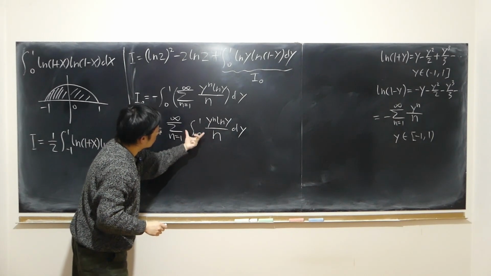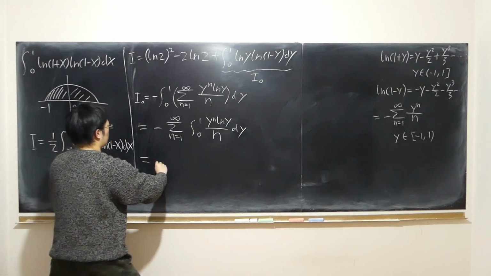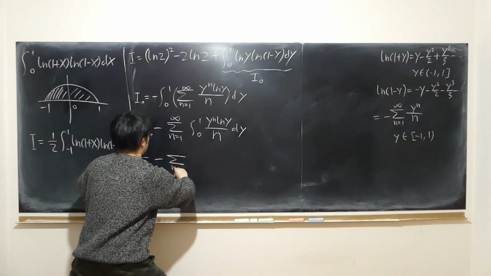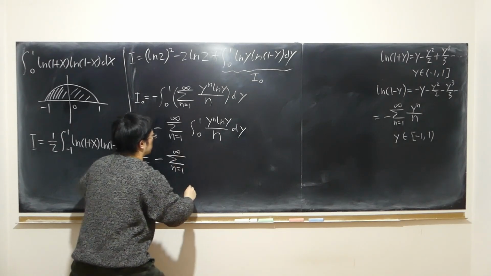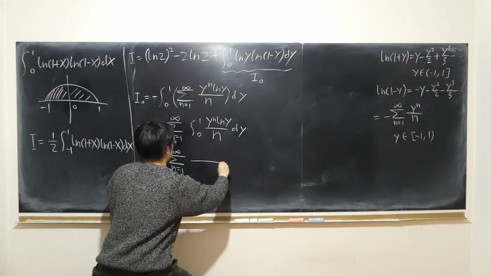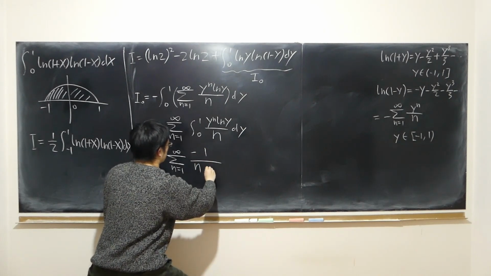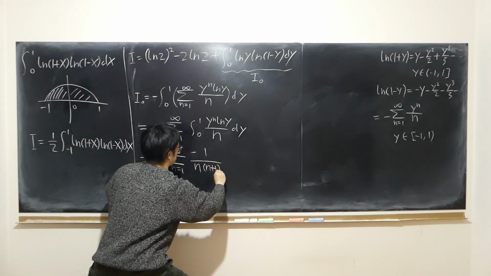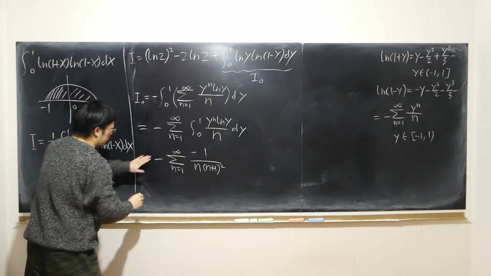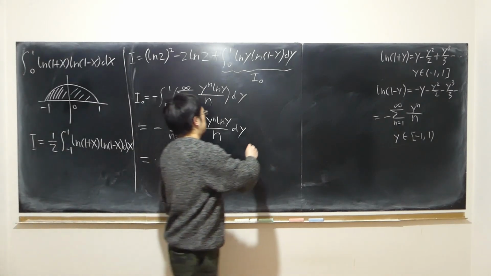Just through one step, we can easily reach the conclusion that it is equal to, the n has nothing to do with it, so n stays, and the rest of the integral is negative 1 over n plus 1 squared. Right? Negative becomes positive. So in the end, we have this.